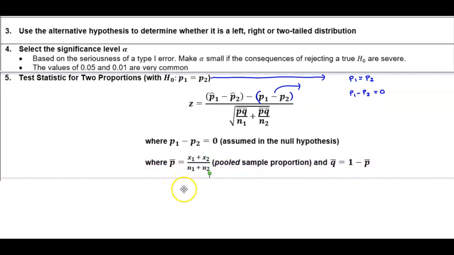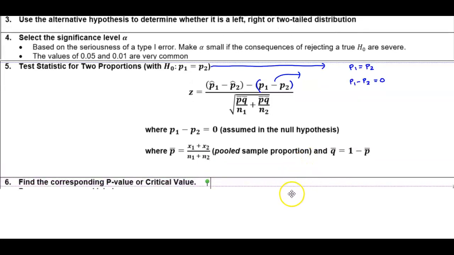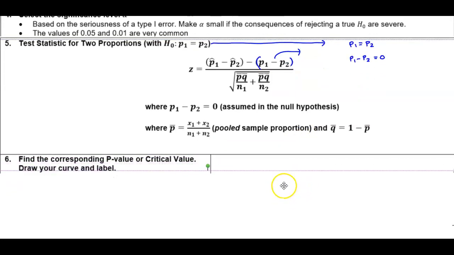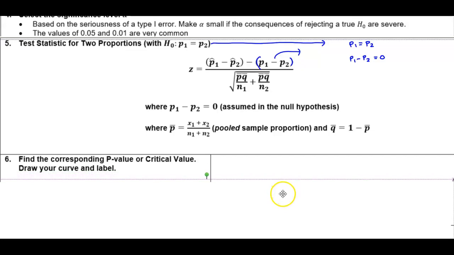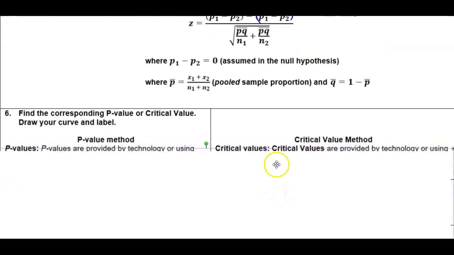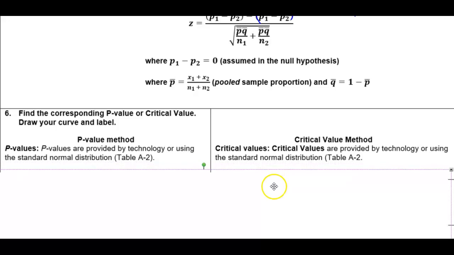And then the pooled sample proportion is x1 plus x2 divided by n1 plus n2, and Q here is the complement of the pooled sample proportion. And then part 6, find the corresponding p-value or critical value. So you want to draw your curve and label.